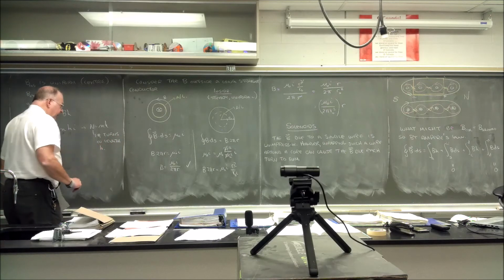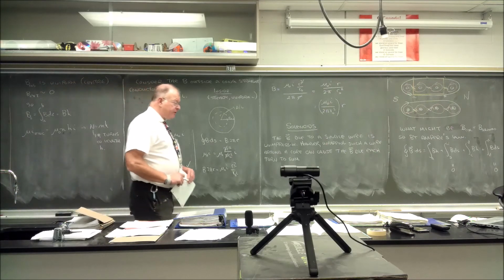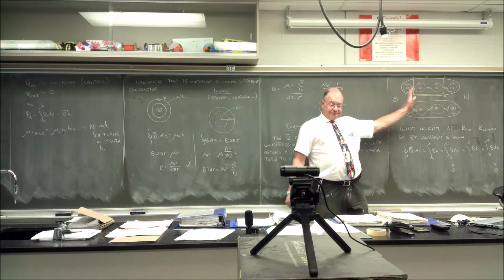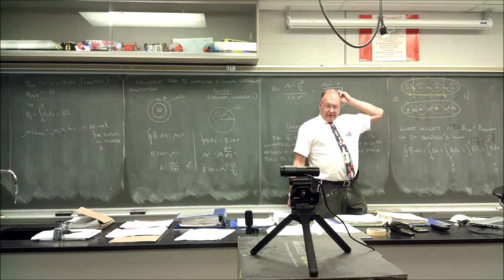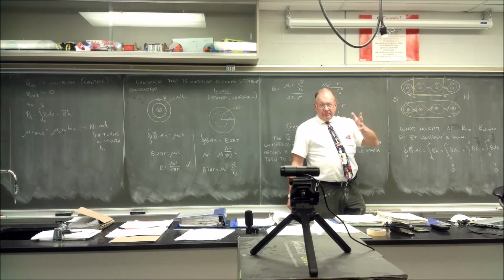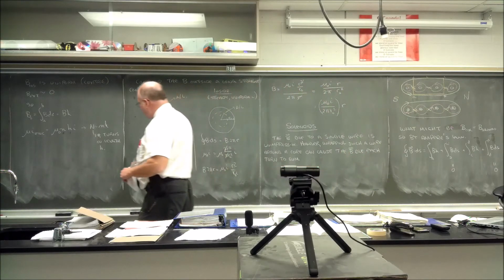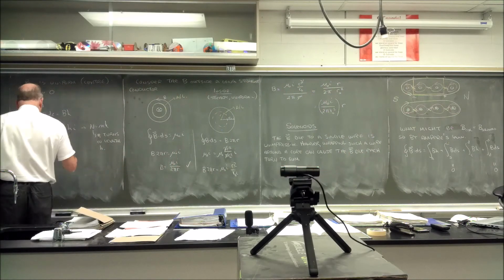So what's interesting with the solenoid, and I'll finish this in a second, is not how many turns you have, but their density. That surprises people sometimes, because we always get kind of lost on the number of turns.